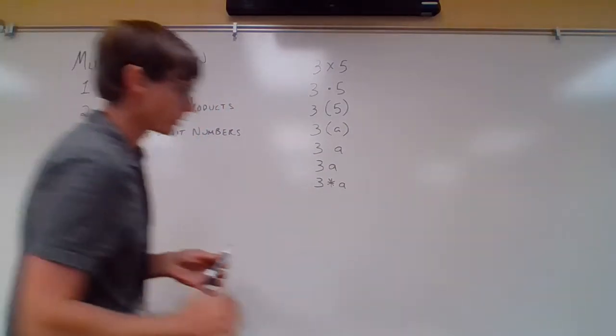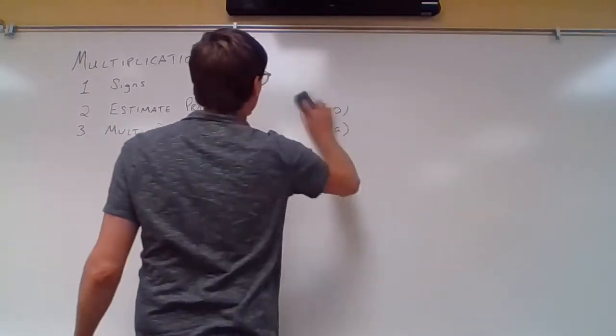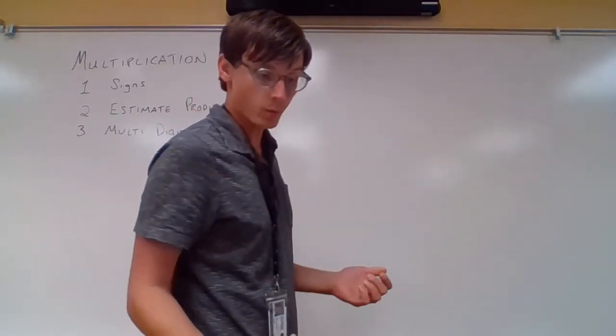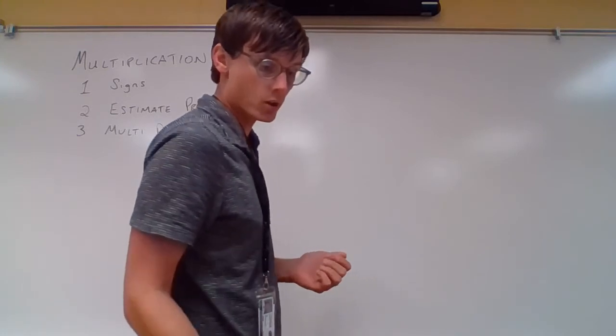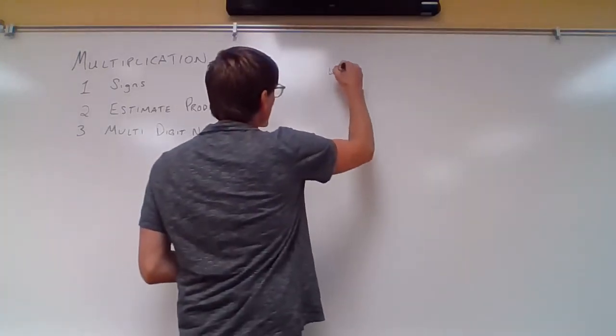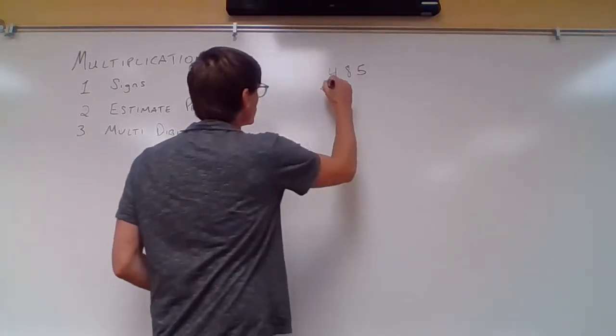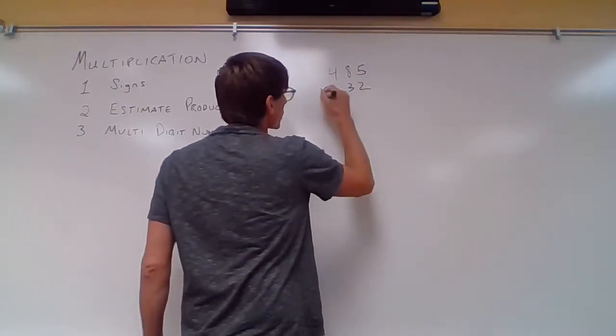And of course, we all know that one's 15. But let's look at something a little more difficult, a multi-digit one, which we're definitely going to be coming across here. So, for example, let's use the example 485 multiplied by 32.